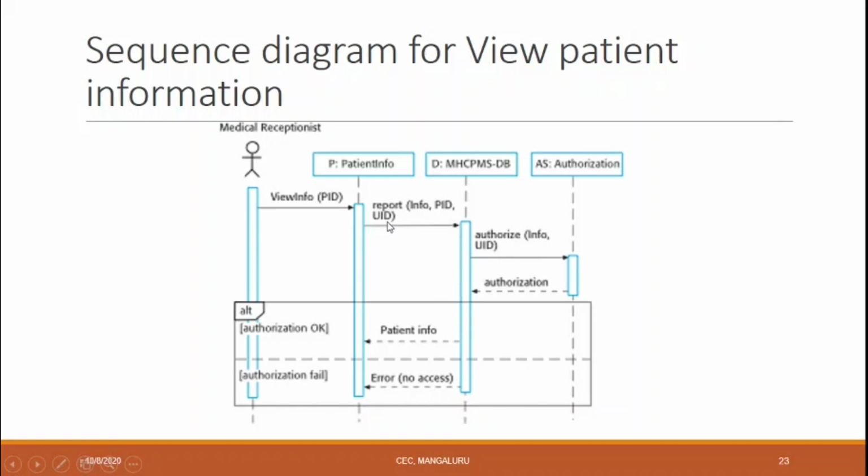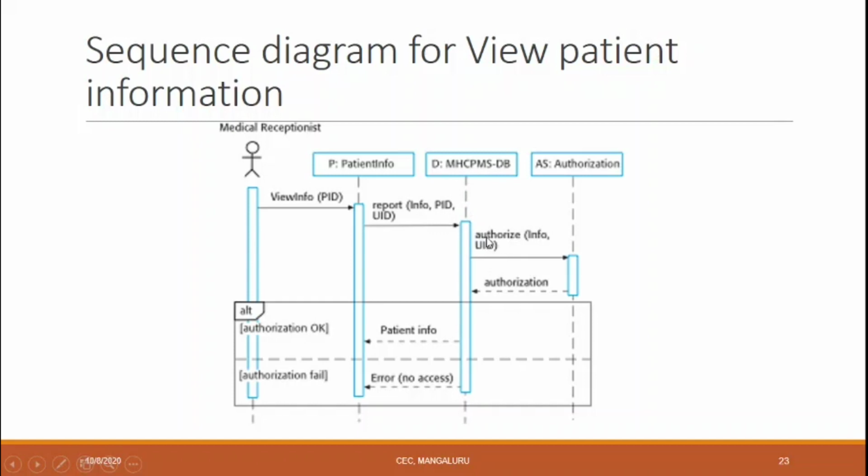Along with the patient ID, the receptionist identifier is also involved for security purposes, so that information cannot be given to just anyone. With the help of the medical receptionist user ID, along with the patient ID, the data is obtained from the database.